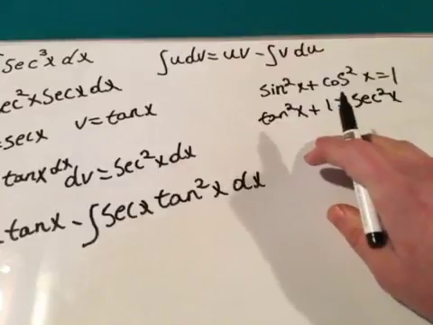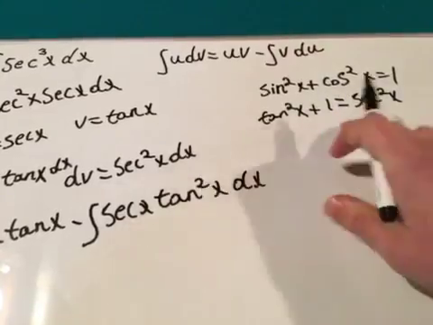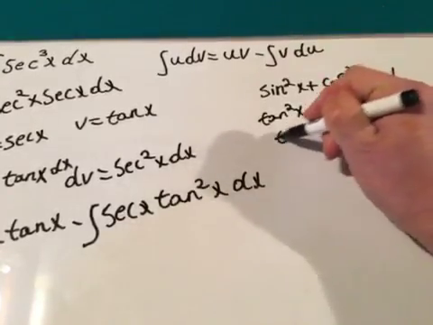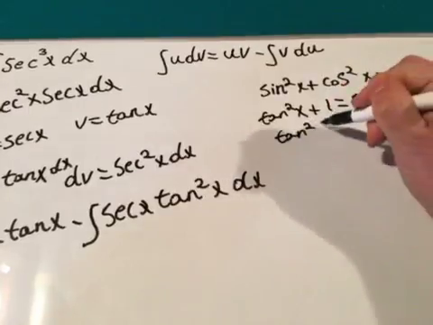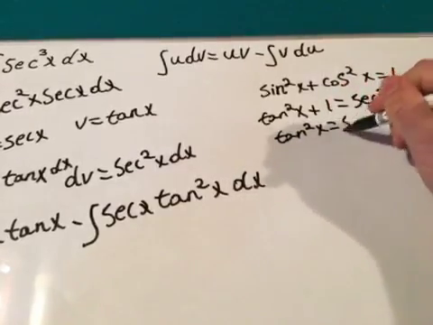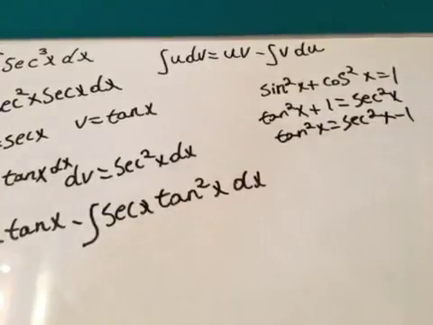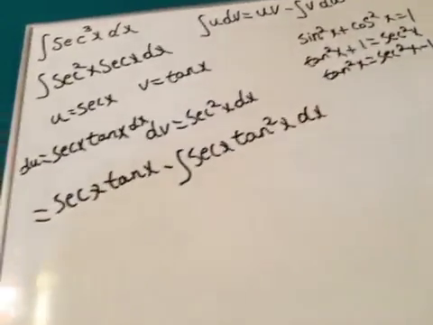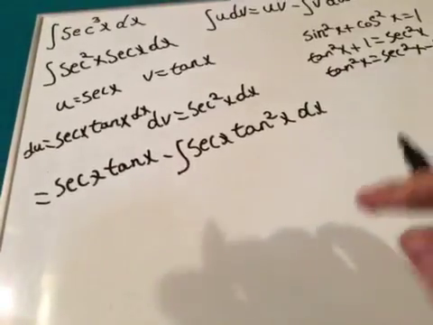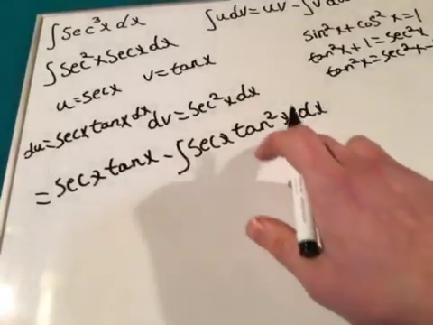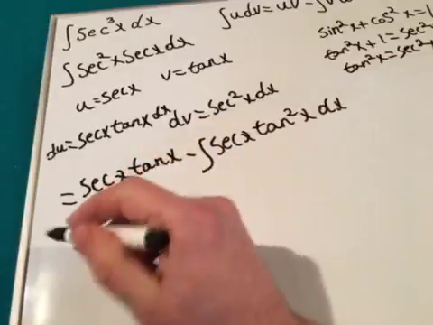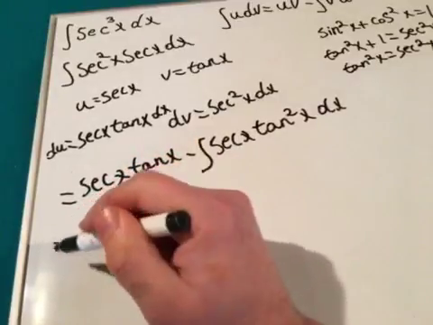And if I don't know what tangent squared x is, well, I just can subtract the 1 and get tangent squared x is equal to secant squared x minus 1.